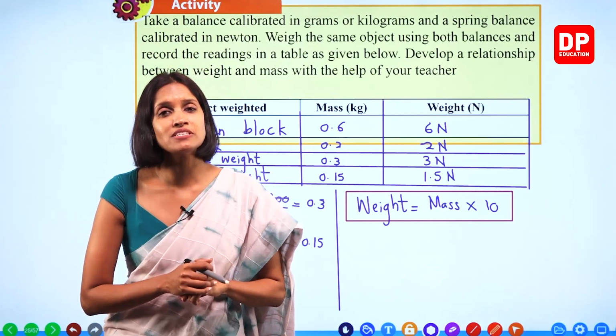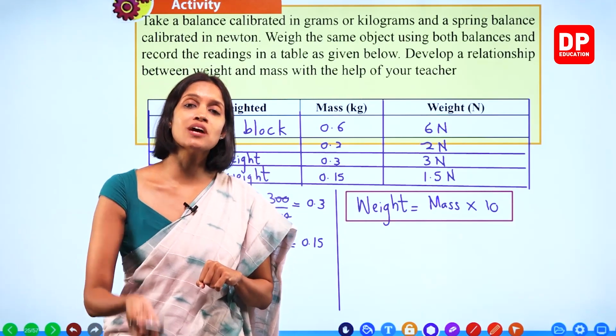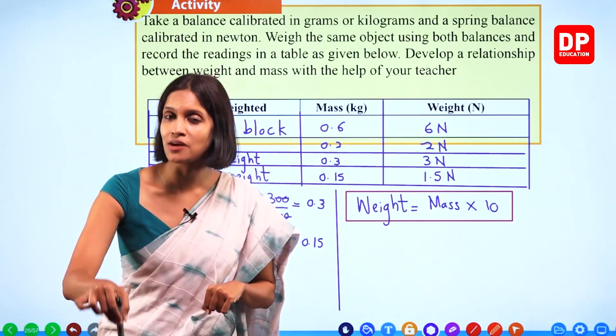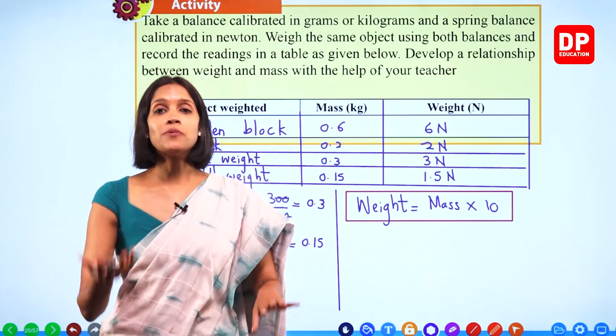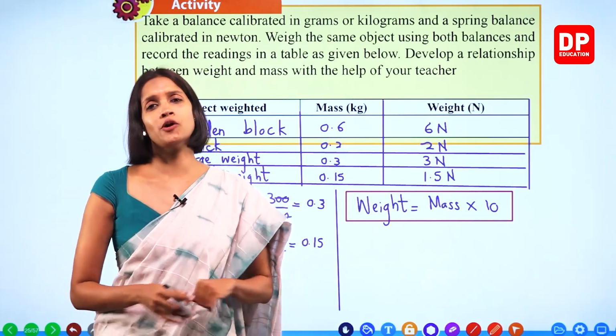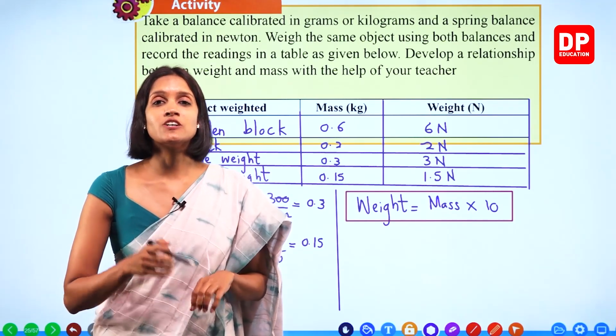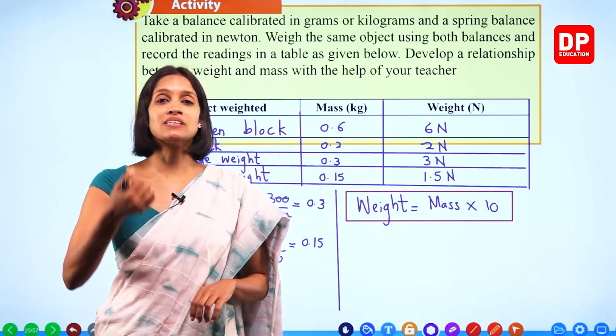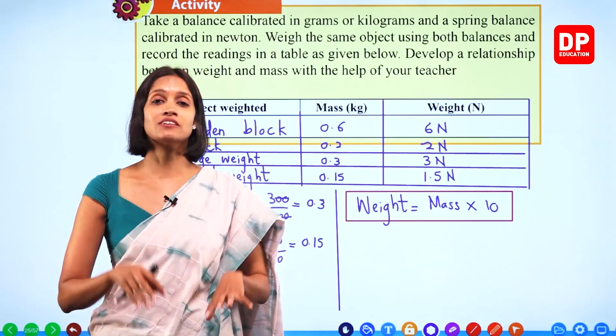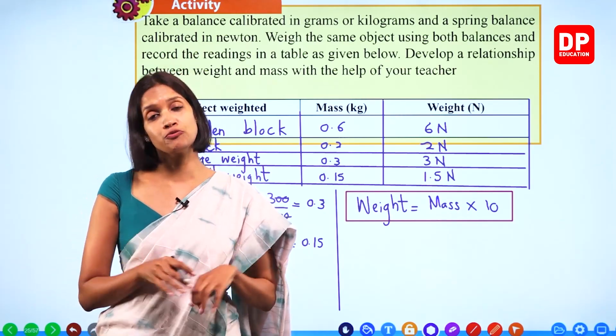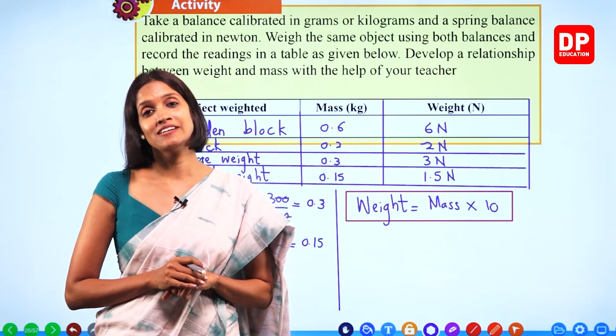Because of this gravity, if we throw something up, it will always come down. If we jump up, we will always come down. What is the reason, children? This is because something thrown up is again attracted towards the ground by the gravitational force or gravity.